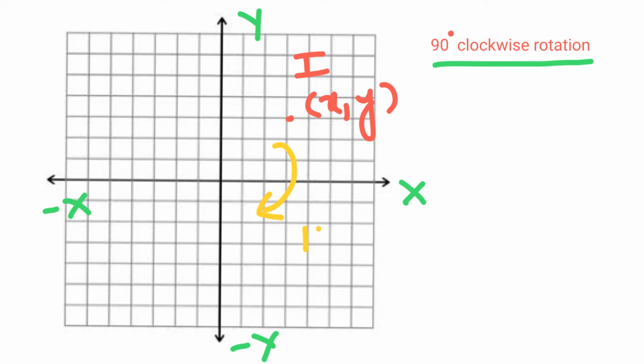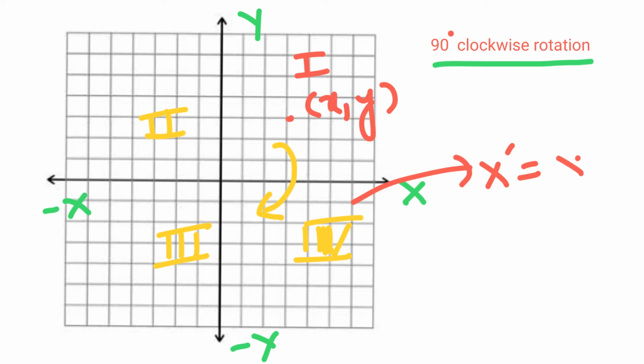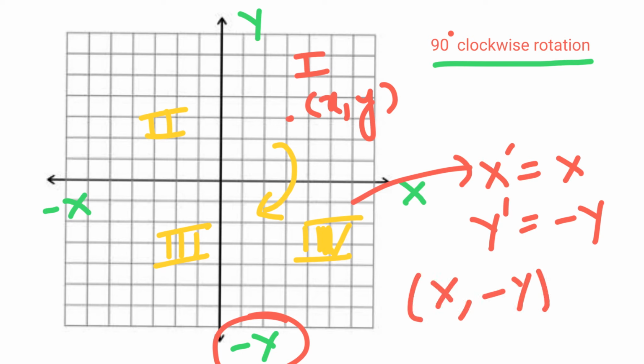That means that the point will lie in the fourth quadrant. Since this is first, this is second, this is third, and this would be fourth. So in the fourth quadrant, the new x is x only, and new y is minus y. So the new point after a 90-degree clockwise rotation would be x and minus y. So I hope all this is clear to you.